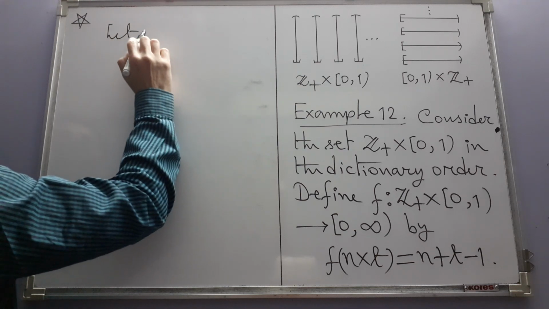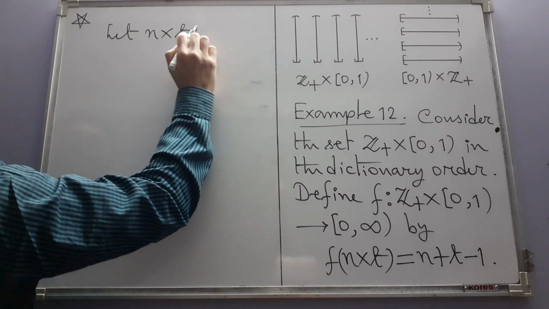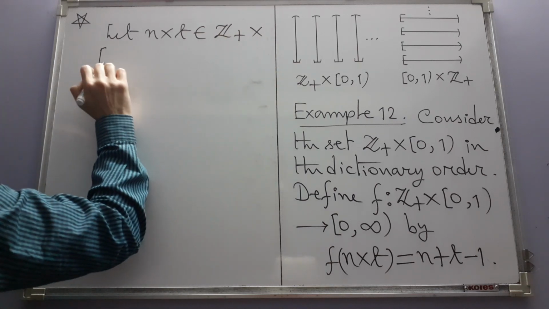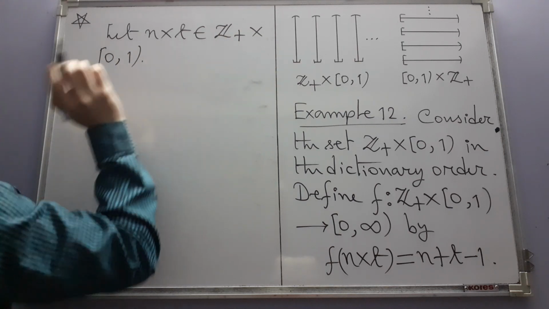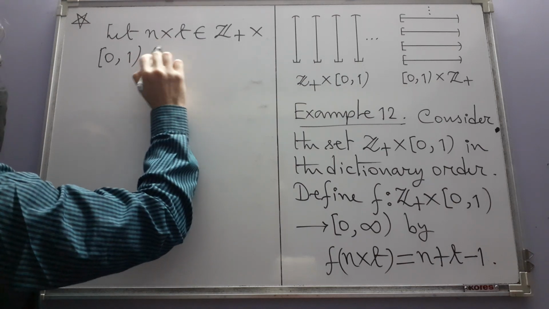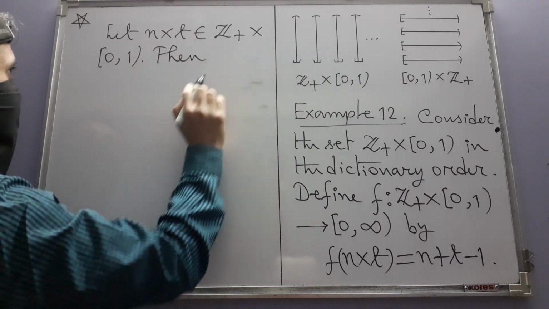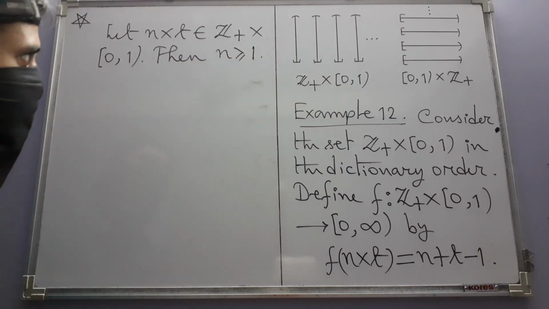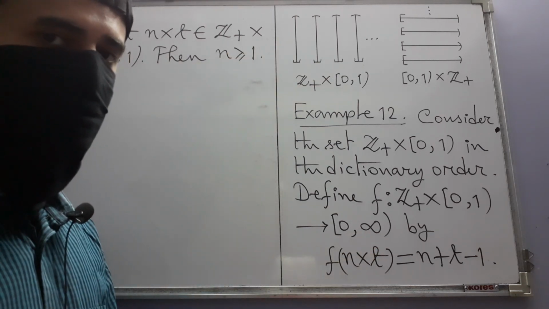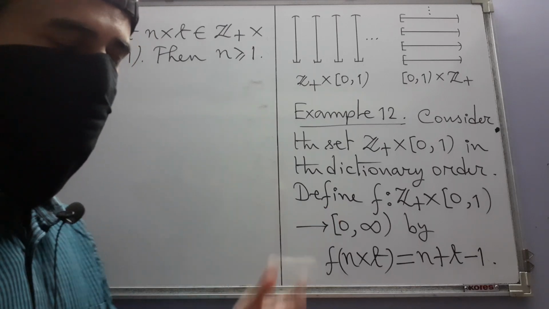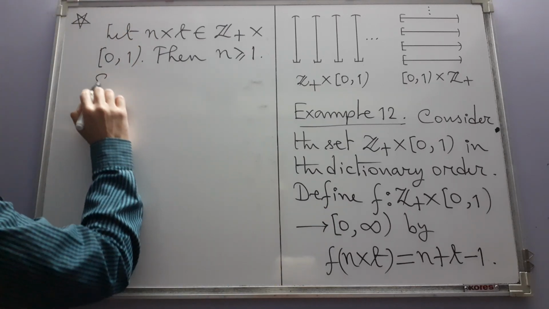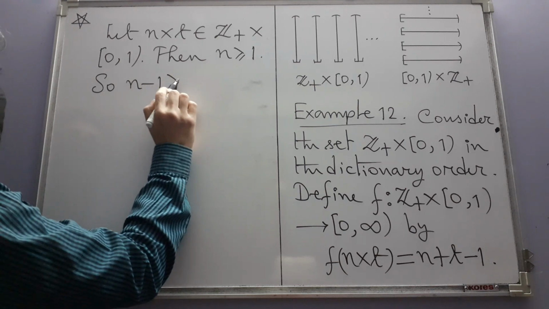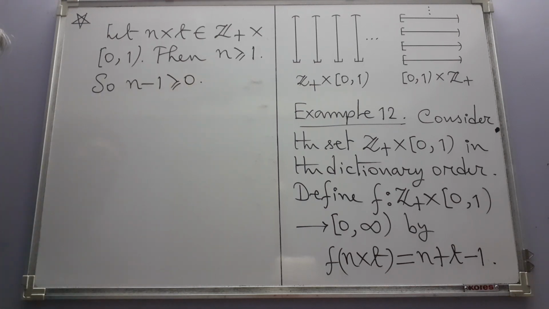Let n times t be this, then n is greater than or equal to 1. Why? Because n is a positive integer, so the smallest positive integer is 1, so n is greater than or equal to 1. So n minus 1 is non-negative.